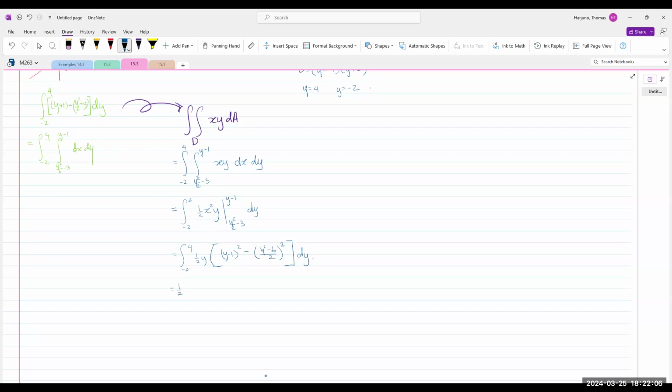I take the 1/2 out. Now I FOIL and simplify the terms inside. So I get y squared minus 2y plus 1 minus y to the 4th minus 12y squared plus 36 over 4.